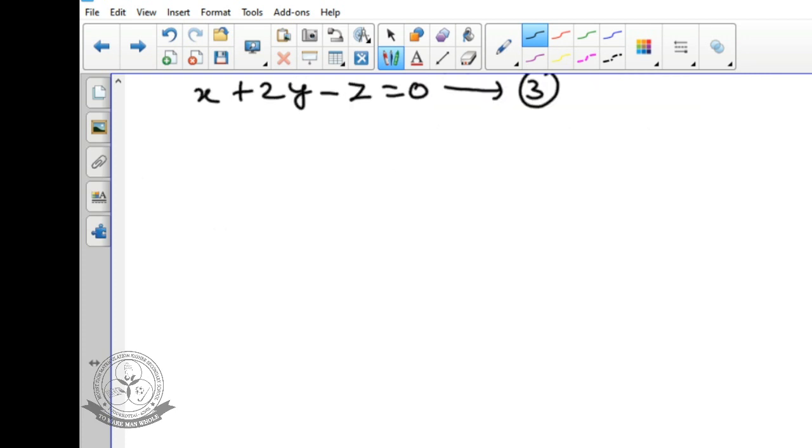Now we have got 3 equations. We have to write them like this. The first equation is x plus y plus z equals 11, that is equation number 1.